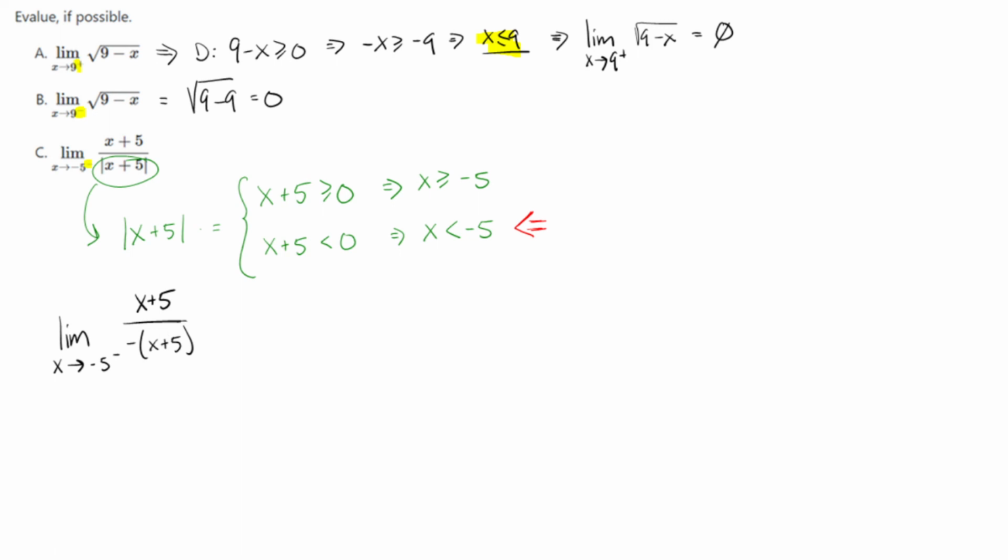Now we can see that this x plus 5 and this x plus 5 just cancel. So we're left with the limit as x tends to -5 from below being -1, which equals -1. This is a constant, and whenever we have a limit of a constant, the limit is the constant.